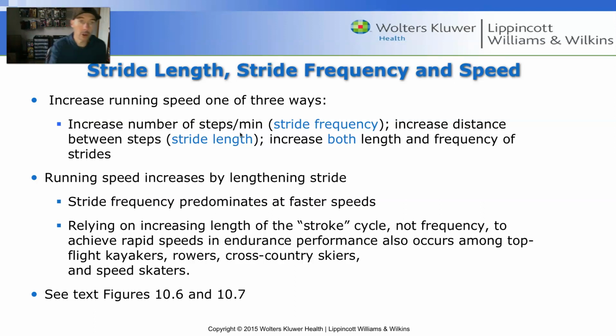So if you're a runner out there listening to this, think about that next time you're running. Vary your stride length and your frequency a little bit as you're running, and just see how that makes your body feel, see how that makes your breathing change, and just manipulate it a little bit. Ultimately the goal would be to find the optimal length and frequency combination to allow you to be the most efficient with your energy expenditure.